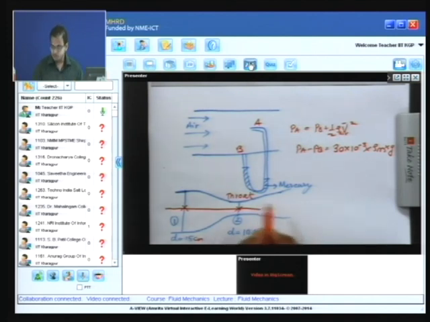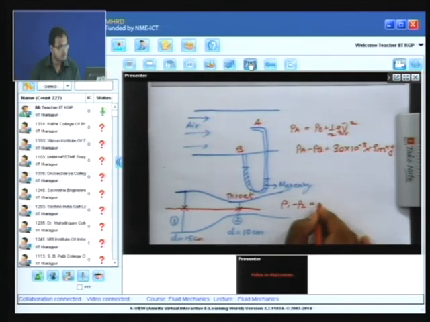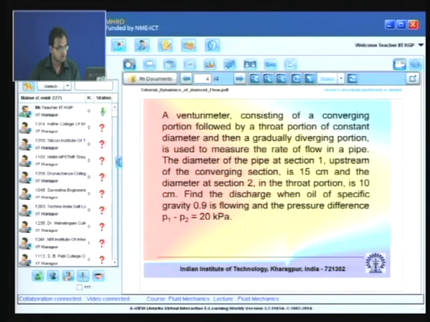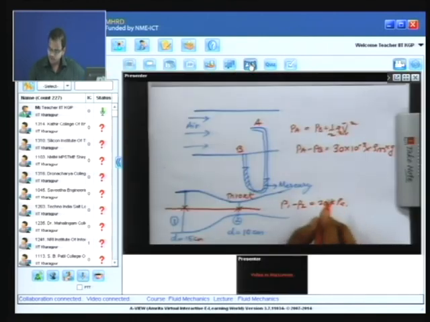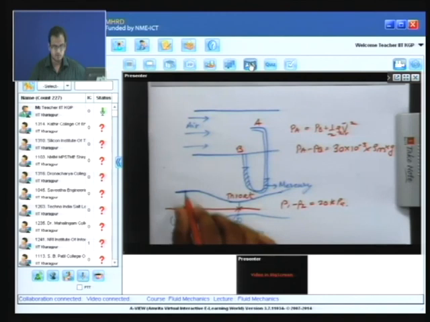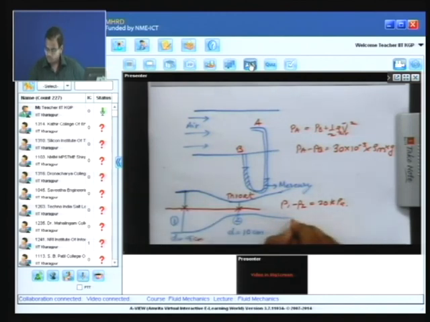It is given that P1 minus P2 is 20 kilopascal, and we have to make use of the fact that since the flow is of constant density, A1 into V1 is equal to A2 into V2, where A1 is pi d1 square by 4 and A2 is pi d2 square by 4.